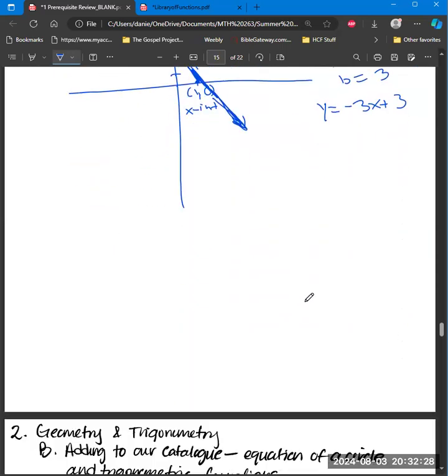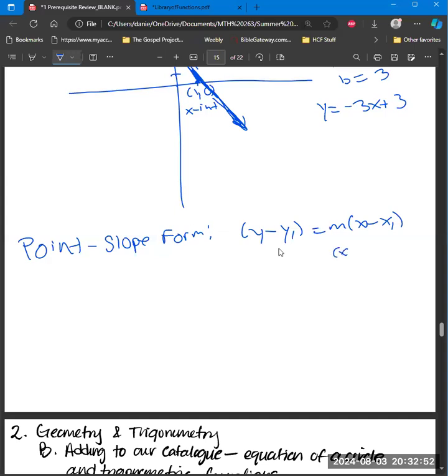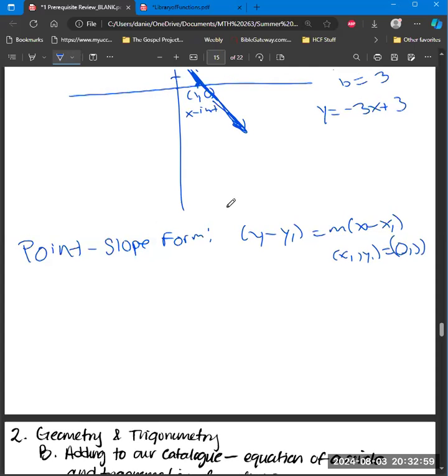Now to write the point-slope form of the line, which is going to be extremely important in calculus, that's going to be y minus y1 is equal to m times the quantity x minus x1. And let's give a point on the graph, like (x1, y1) is (0, 3), using that y-intercept again.